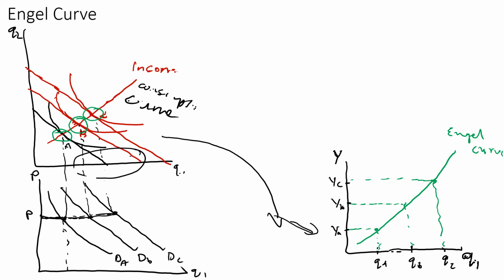So let me summarize these two curves. Demand curve is a relationship between price and quantity, whereas the Engel curve shows us the relationship between income and quantity.